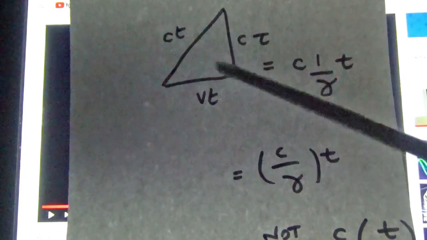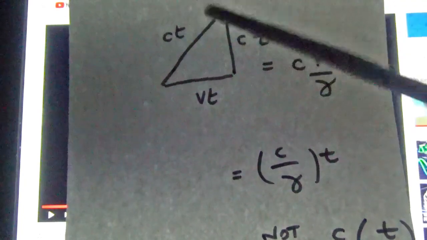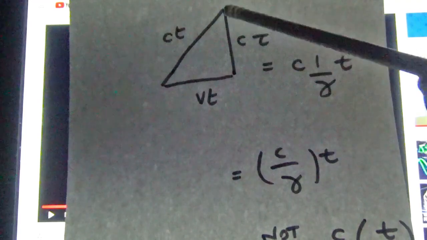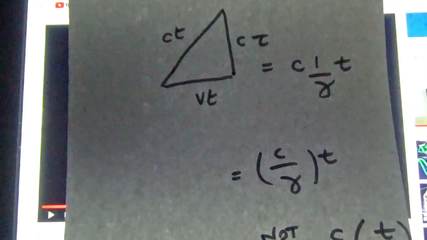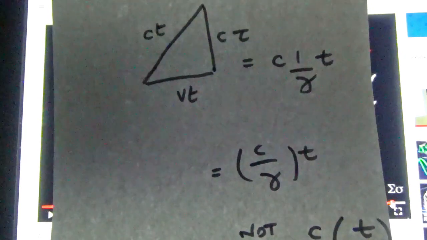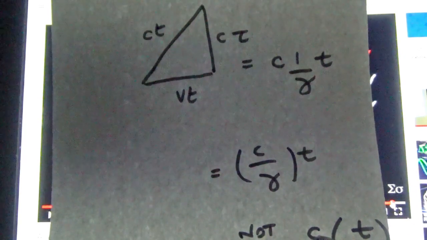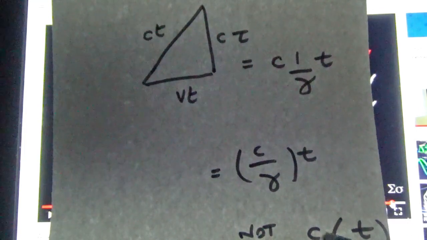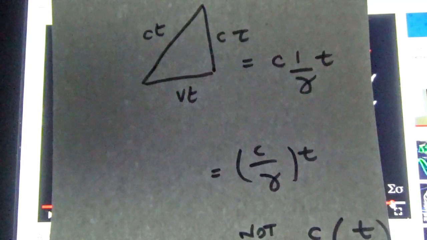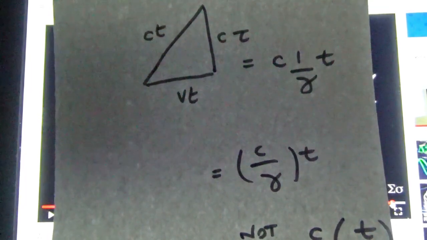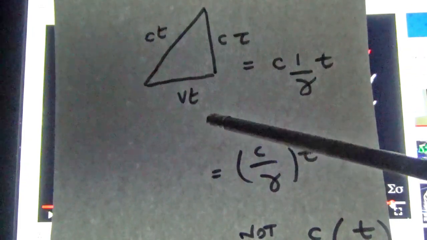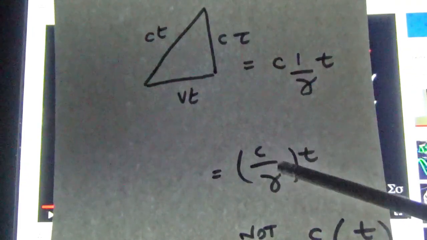Time interval is t there, time interval t there, and then it will be time interval t along there as well. So it's a case of that, instead of c times tau, which is that. So the speed along here is not c, it is c divided by gamma.